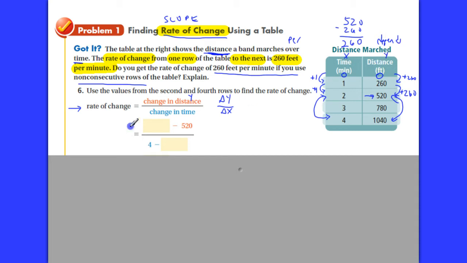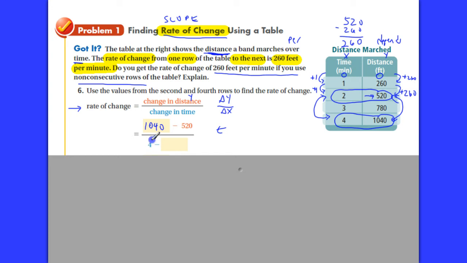Okay, so here they're going to walk you through it. They've left you some blanks and filled in some of the information for you. They have y is 520 for this ordered pair, so we're going to compare it to this ordered pair right here. That was 1040.